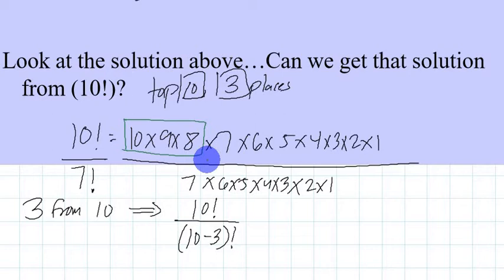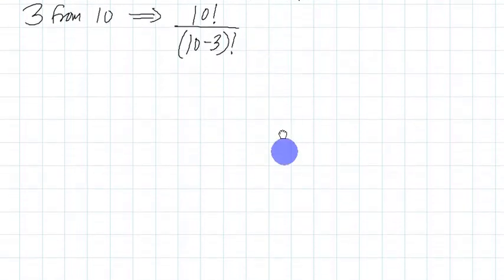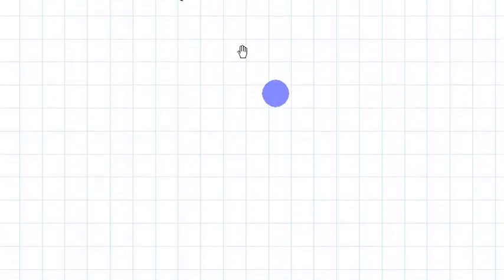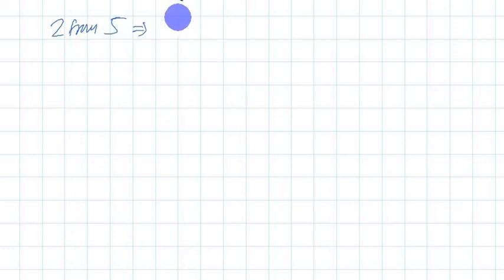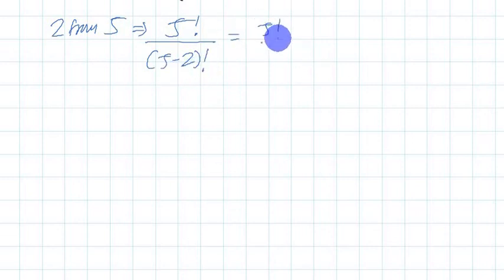Now, would this be applicable in another situation? Let's say instead of from the top 10, we choose the 3 places. Let's say we have from the top 5, we get our top 2. So if I follow the logic, I'm going to have 5 factorial over 5 minus 2 factorial, which would be 5 factorial over 3 factorial, which is actually 20.